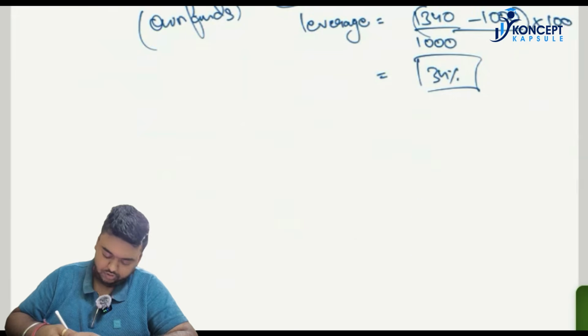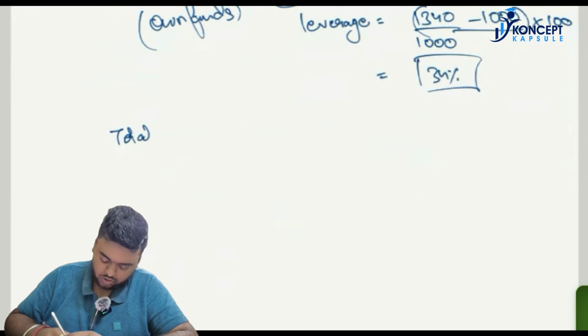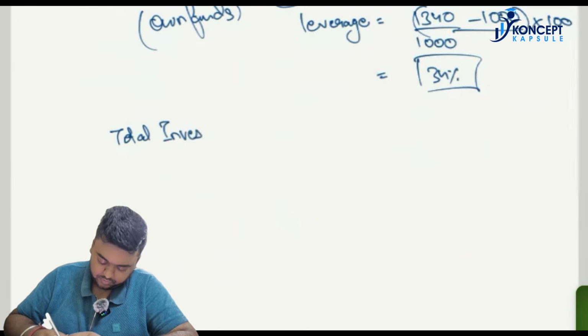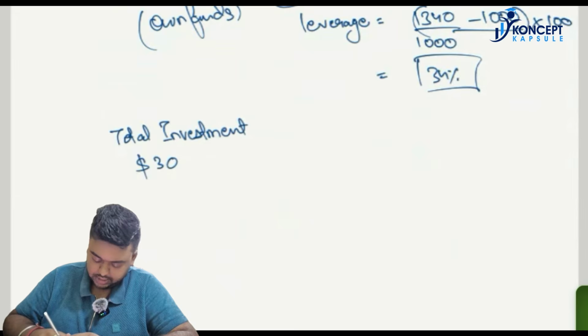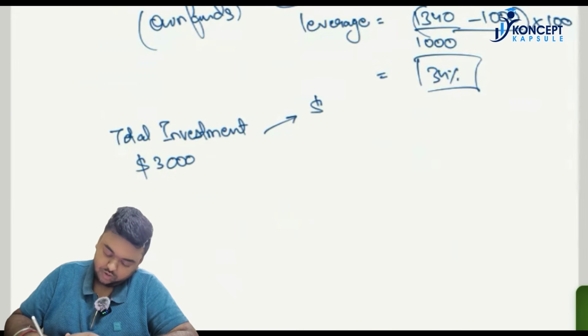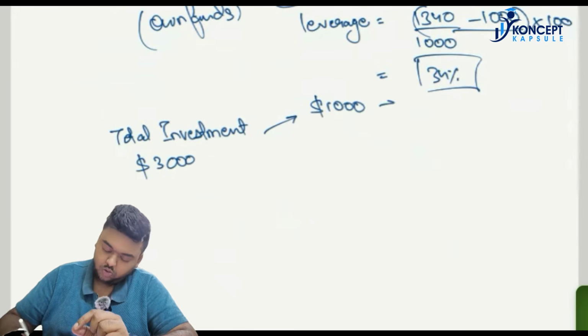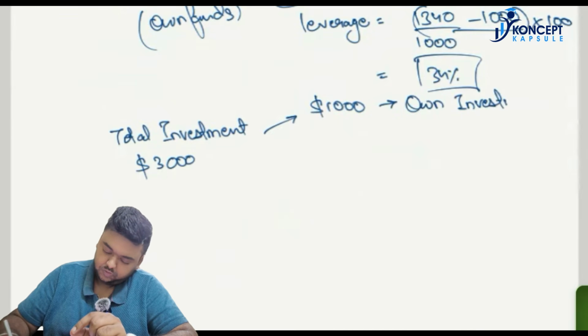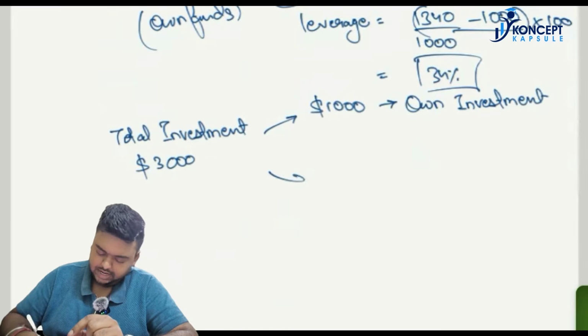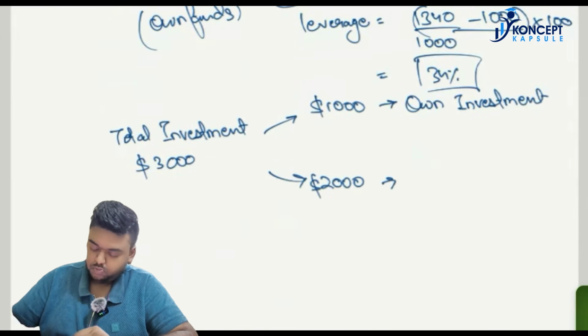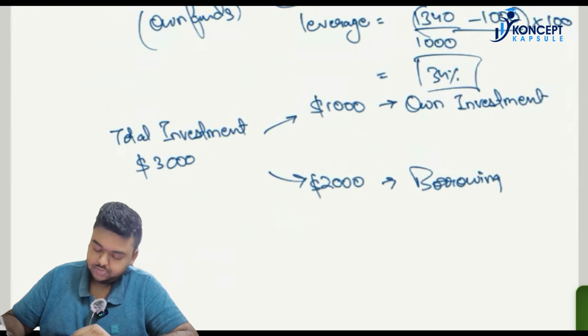Why? Because if you look at this example, your total investment was $3,000, correct? Out of which $1,000 was your own investment, whereas $2,000 was investment through borrowings.